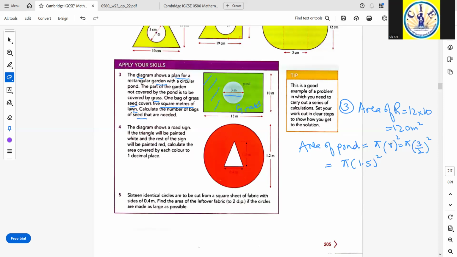Using the calculator we can find it out. 1.5 squared times pi, which is 7.068 meter squared, giving the answer to three significant figures.